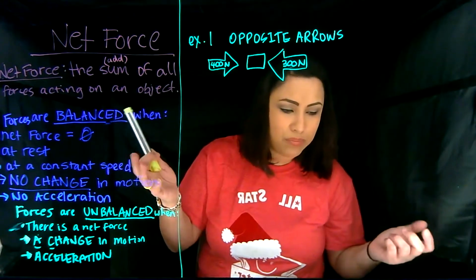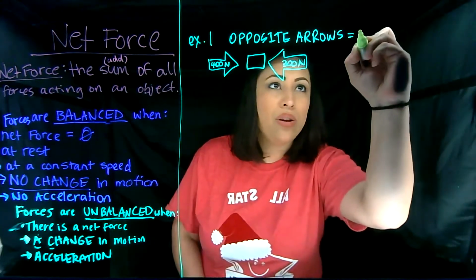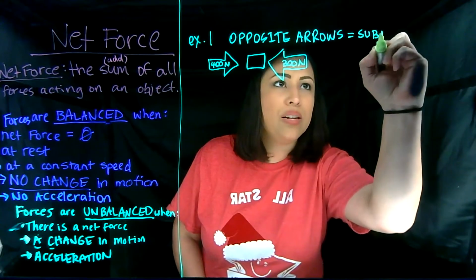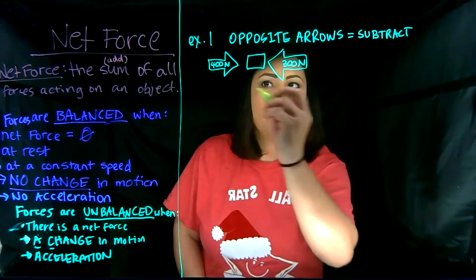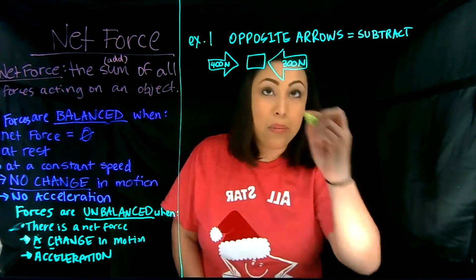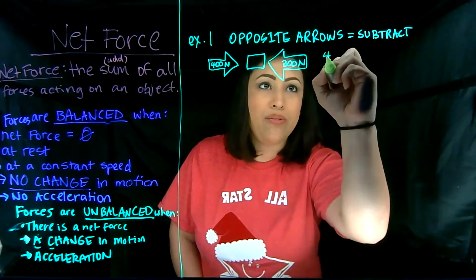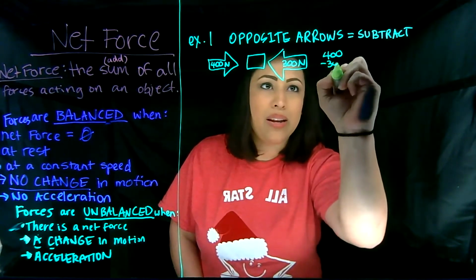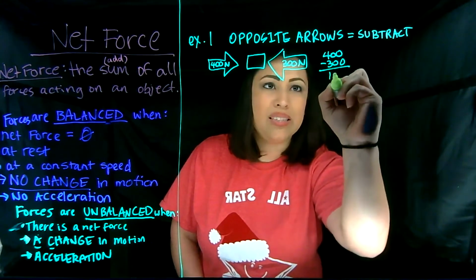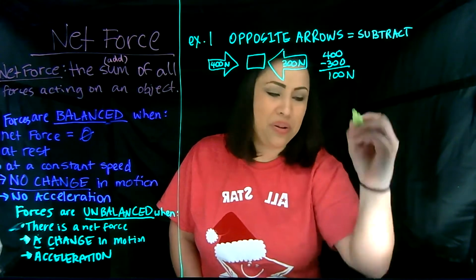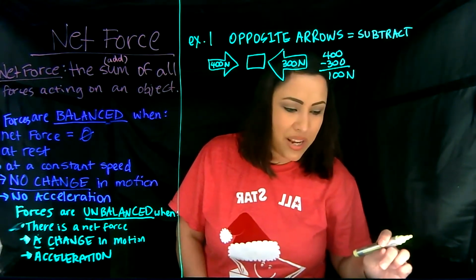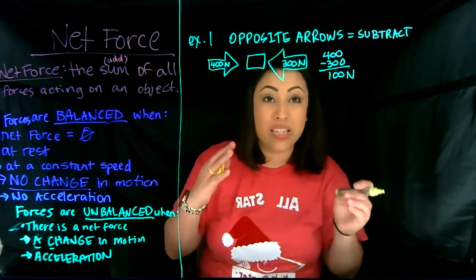What are we going to do? Opposite arrows, we are going to subtract. So the sum of forces here would be 400 minus 300 is, that one was easy, 100 newtons.